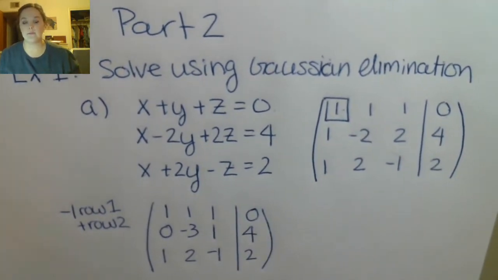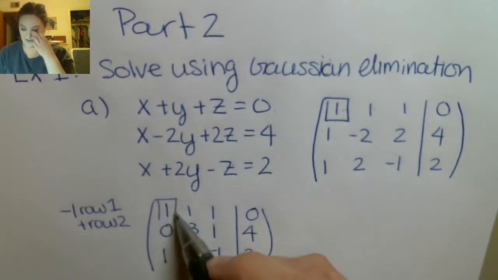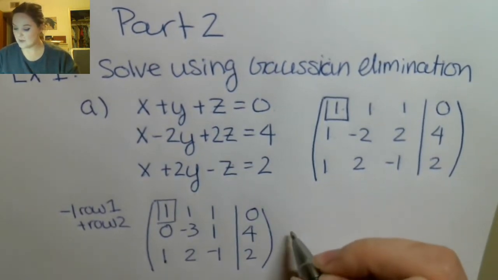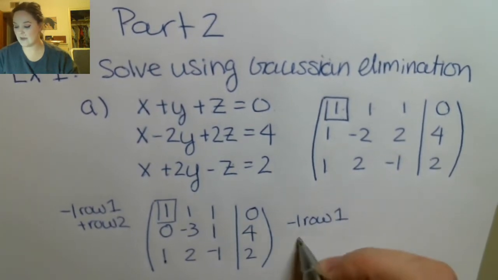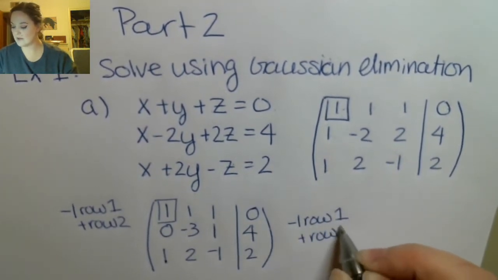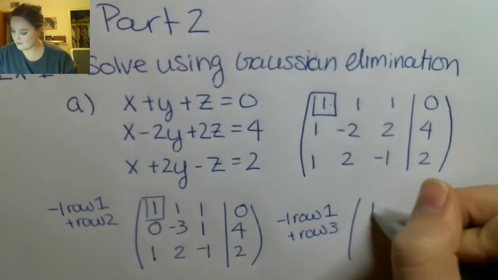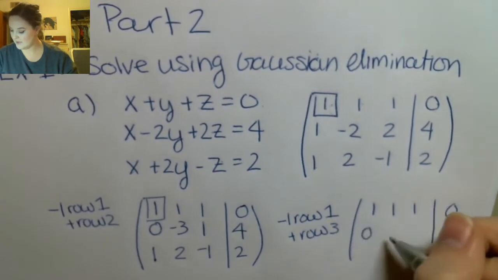Then I want to eliminate the other position that's below the diagonal, which is this one. So I'm still using this entry to eliminate below it. Again, I'm going to do -1 times row 1, and this time I'm going to add it to row 3. I'm not changing my first row, and I'm not changing my second row.